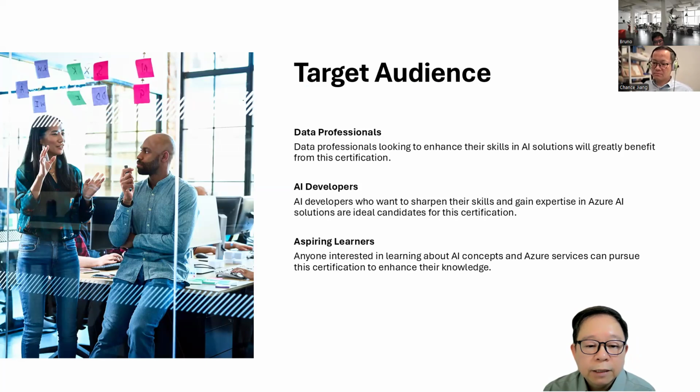The target audience also obviously includes AI developers who want to make use of the skill and gain expertise in AI solutions, and this is a really ideal candidate for this certification if you fall into the AI developer category. And anyone interested in learning AI, I highly recommend you explore. You may not get the AI-102, but going through the knowledge will help you a lot.